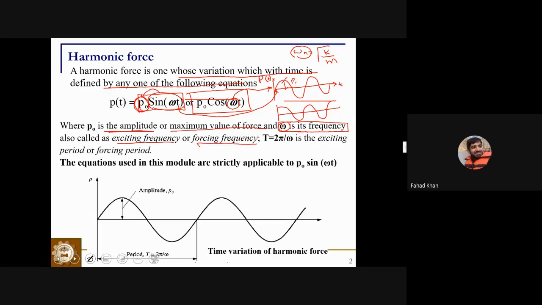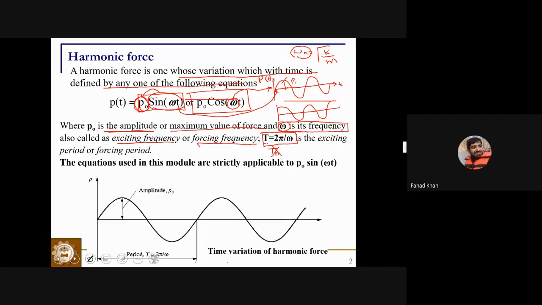And we can determine the time period of this forcing frequency given by this formula: T equals 2 pi divided by omega. Once again, this is not the natural time period of the structure. This is not Tn. This is the T without any subscript. This is the exciting period or forcing period.